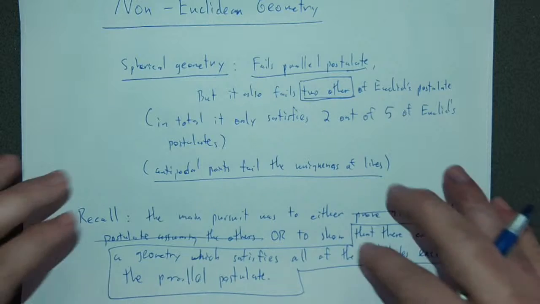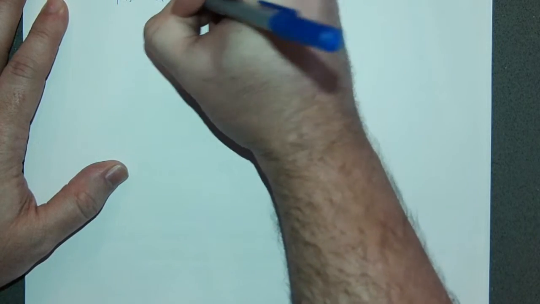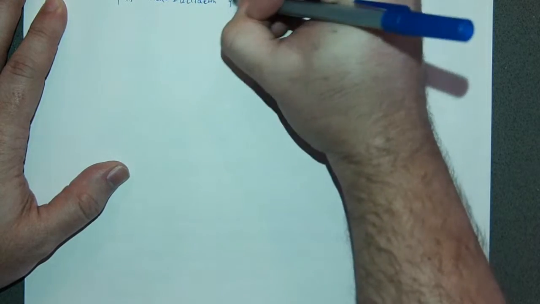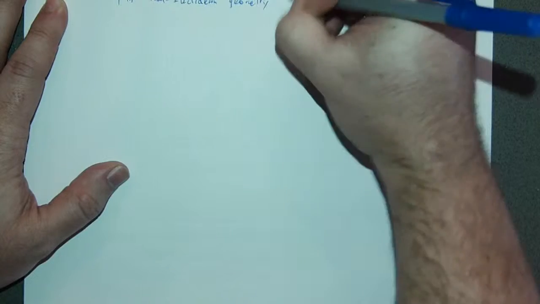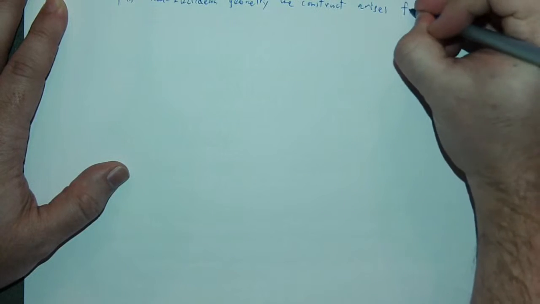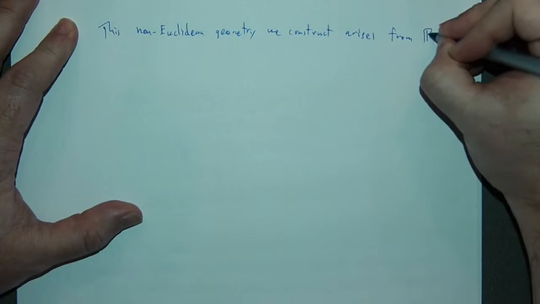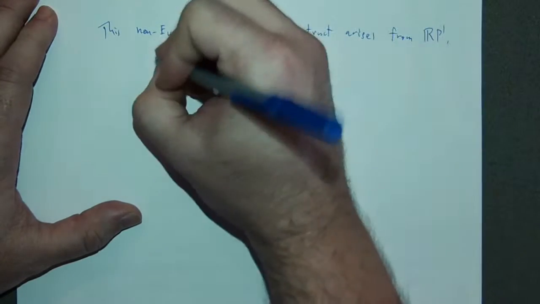In fact, it arises from RP1. So this non-Euclidean geometry we construct arises from RP1, the real projective line.